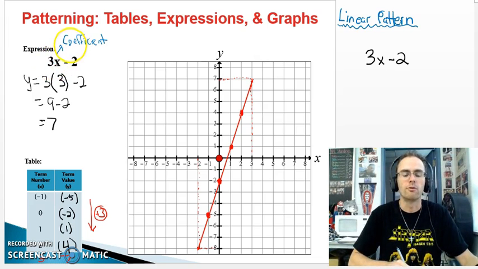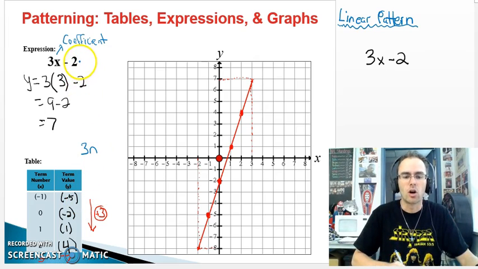Now remember, your coefficient is always the number that you're multiplying your variable by. So you write down your expression, 3x or 3n or whatever letter you want to use. Now to get your constant, this -2 would be your constant.